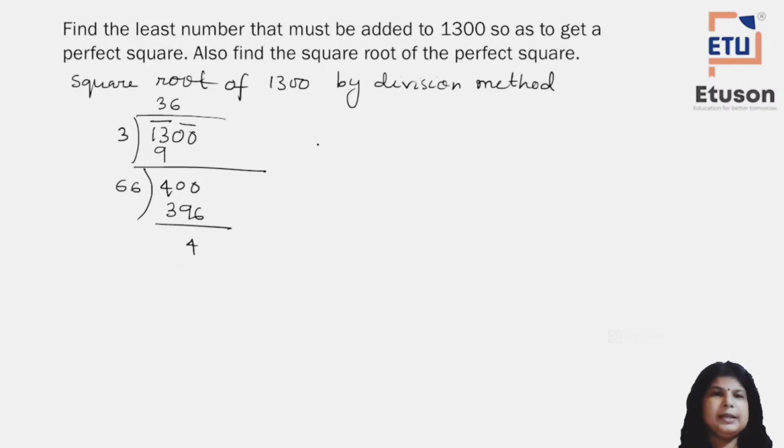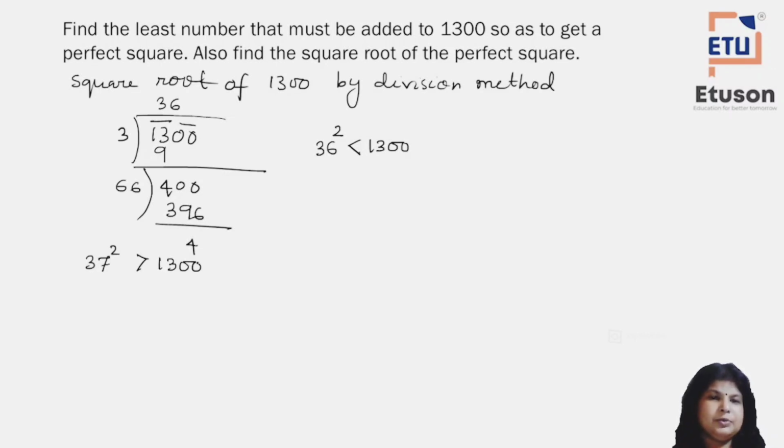So as you can see, definitely 36 square is less than 1300, right? So now if you take the next number, that is 37 square, 37 square will be greater than 1300, and it will be a perfect square.